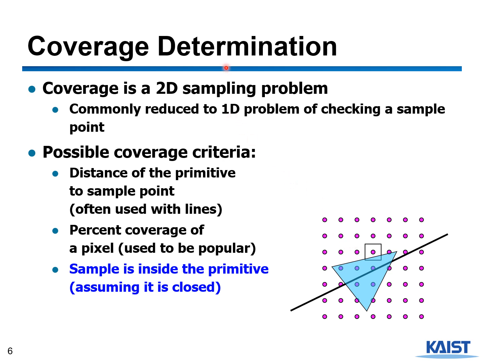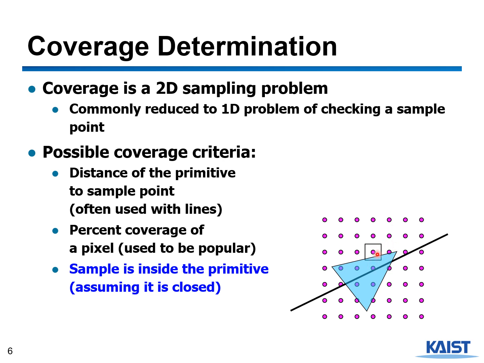So instead of addressing this very complicated 2D sampling problem, we commonly reduce it down into the 1D problem of just checking a sample point. Instead of computing the overlapping area, we just check only the center of the pixel.